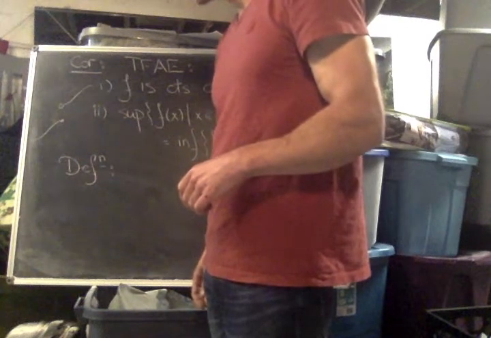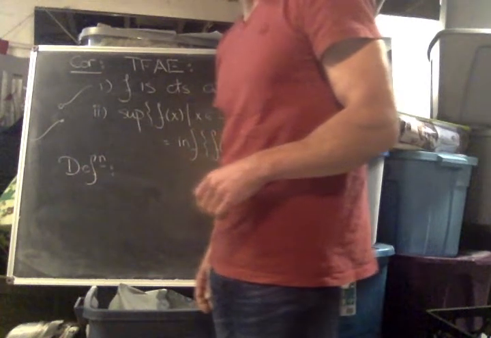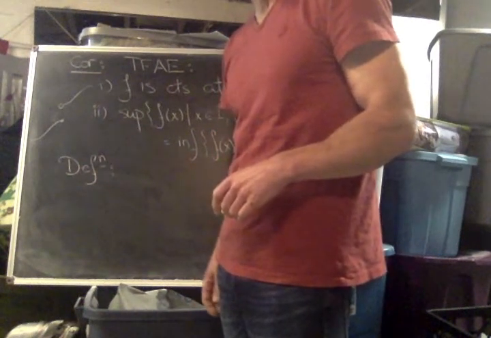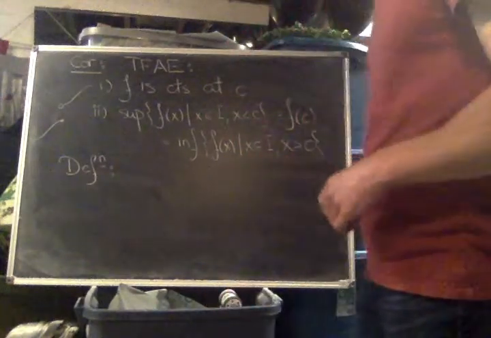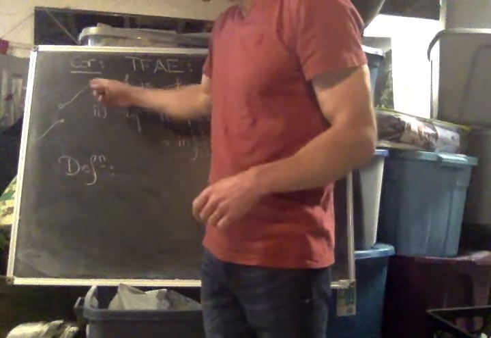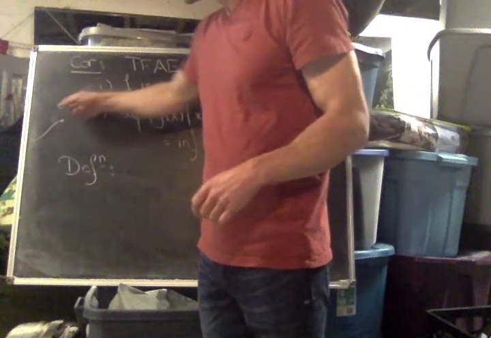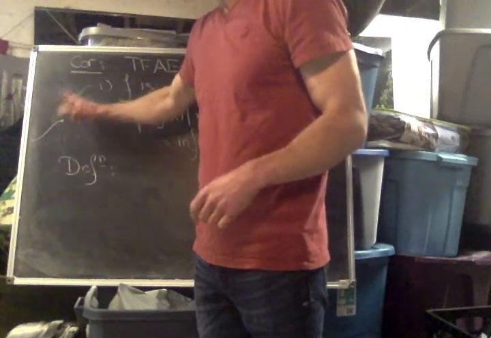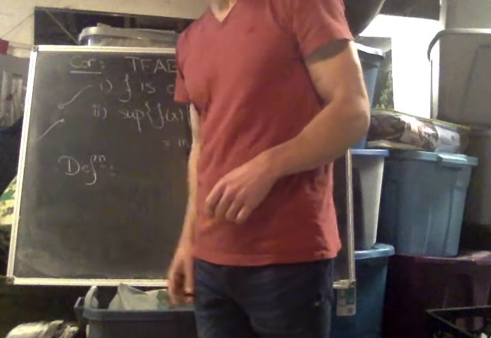What we want to do is write down a formula for how big that jump is, and what do you expect it to be? I expect it to be the limit from the right minus the limit from the left, and indeed that's what it is.